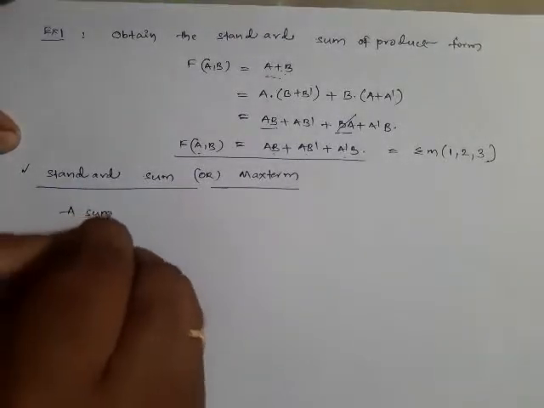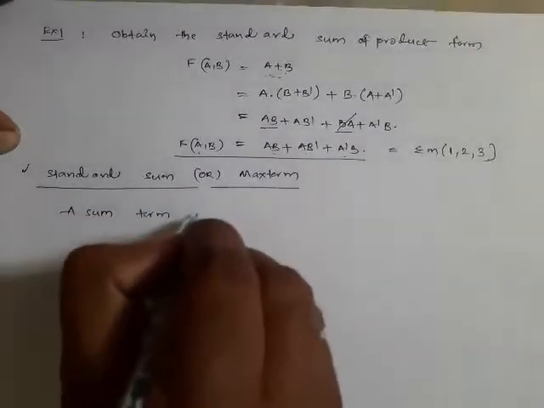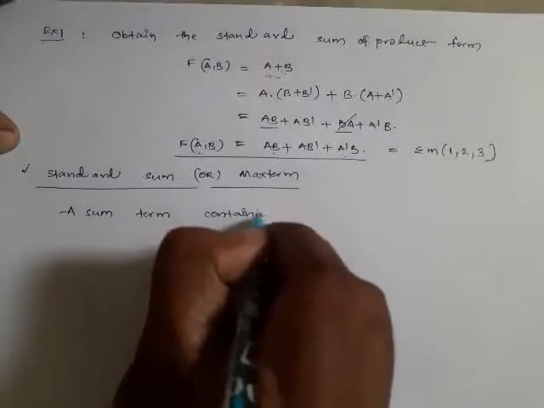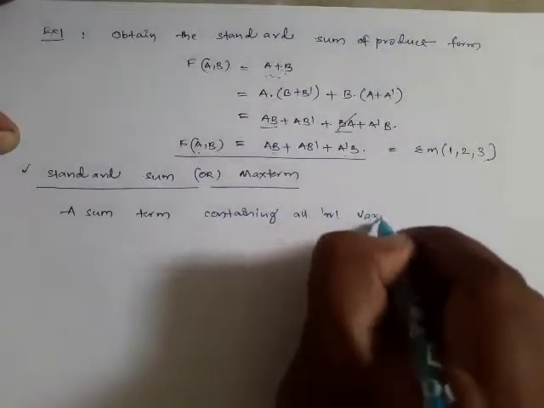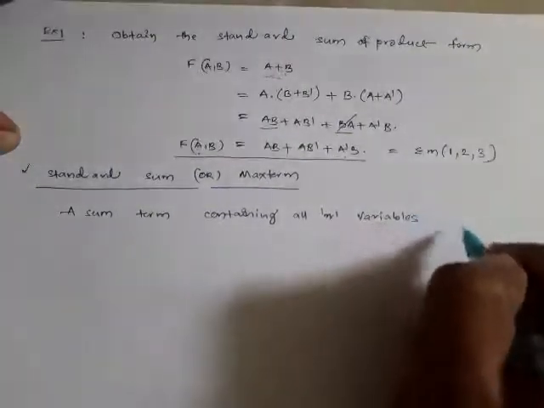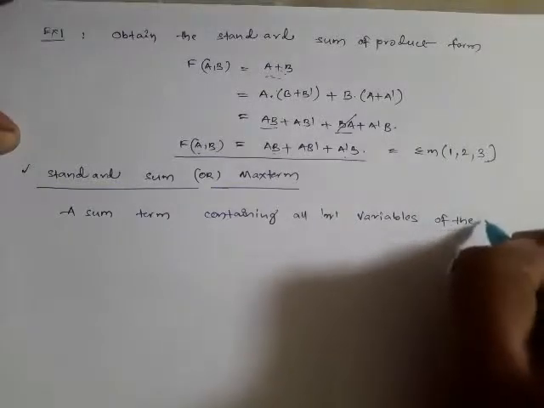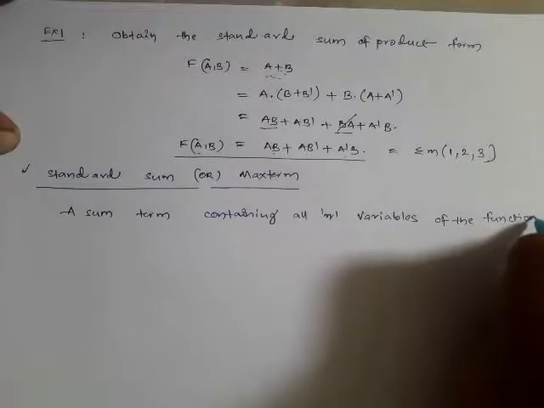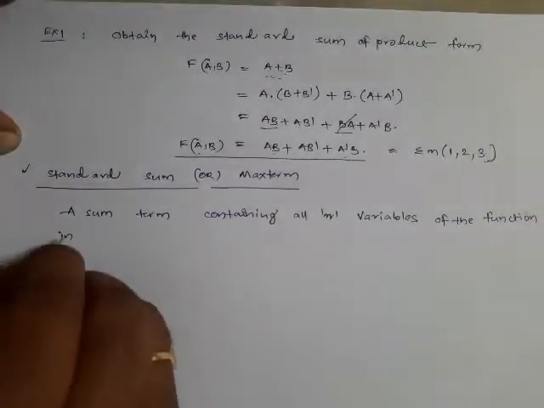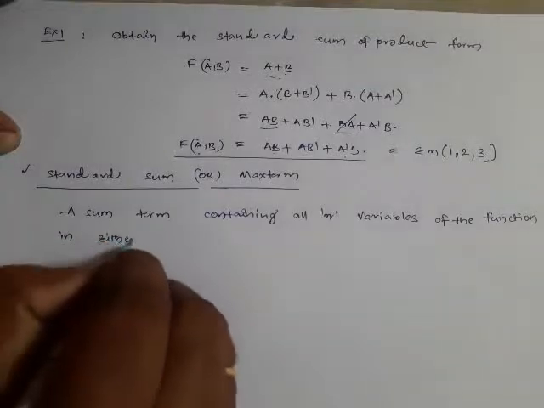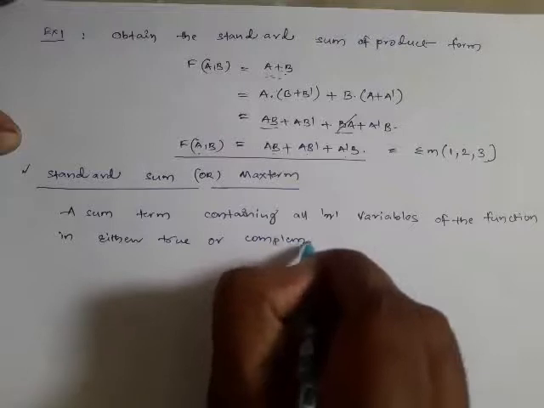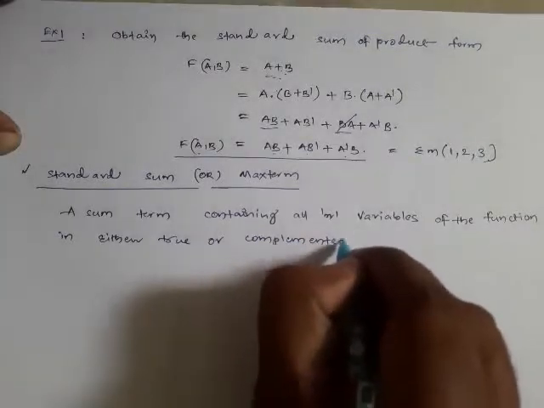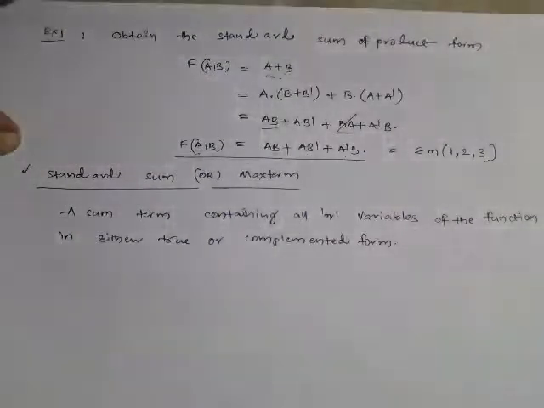A standard sum term is a sum term containing all n variables of the function in either true or complemented form. So it's a sum term containing all the variables. So this is a standard sum term.